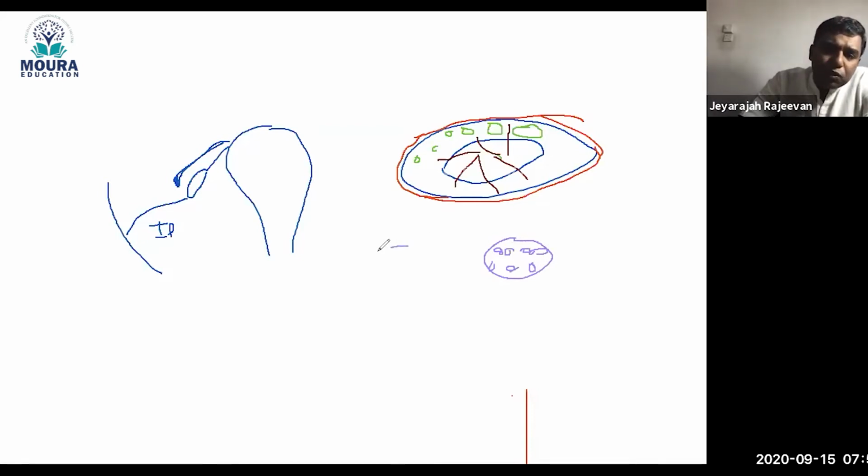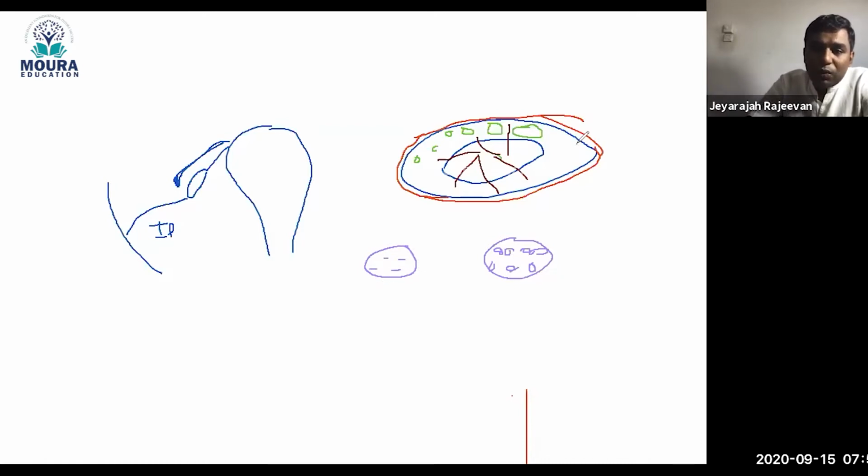There is a capsule covering, and inside the capsule there is a fluid collection, which is called a cyst. So tumors can be solid or cystic. Solid means solid proliferation. Cystic means fluid collection inside the capsule.